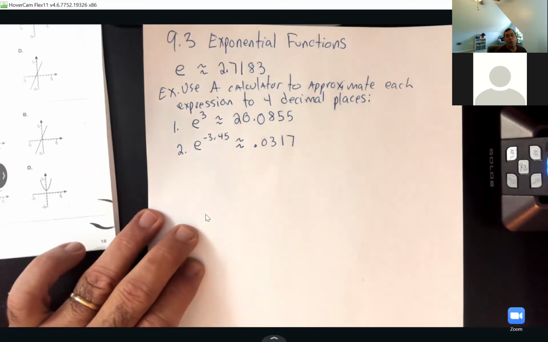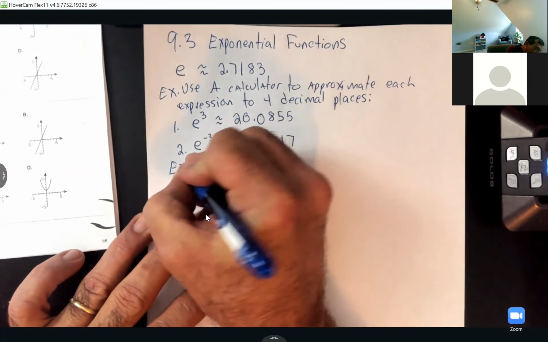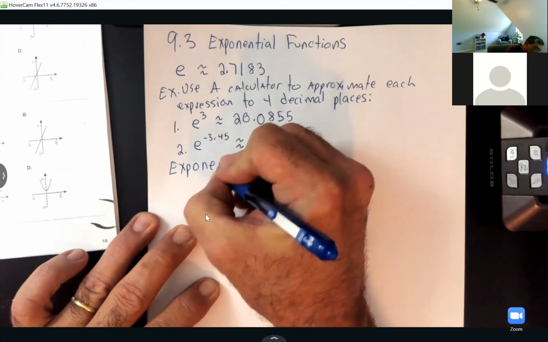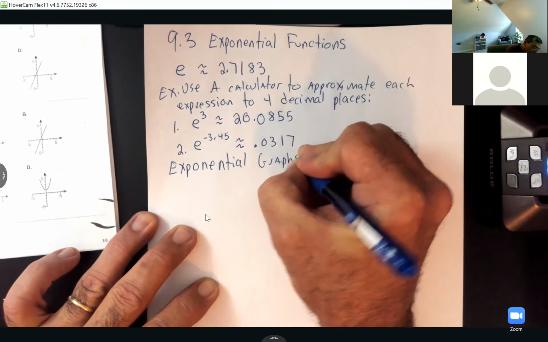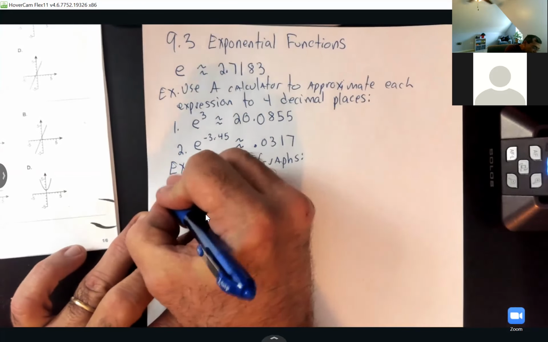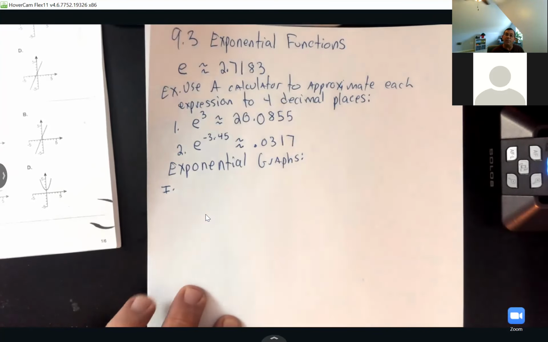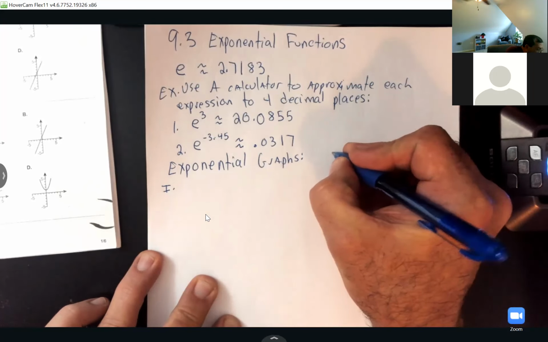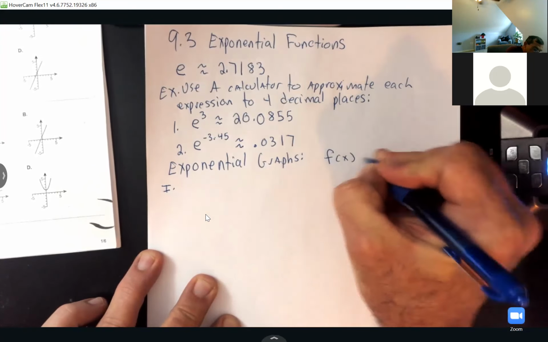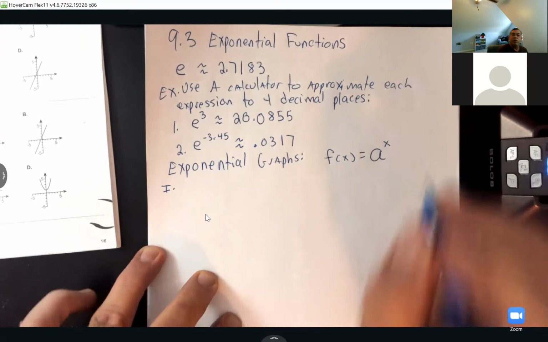All right, y'all. Now we're going to learn about exponential graphs, and some properties about exponential graphs. These exponential graphs will look like f of x equals a to the x.